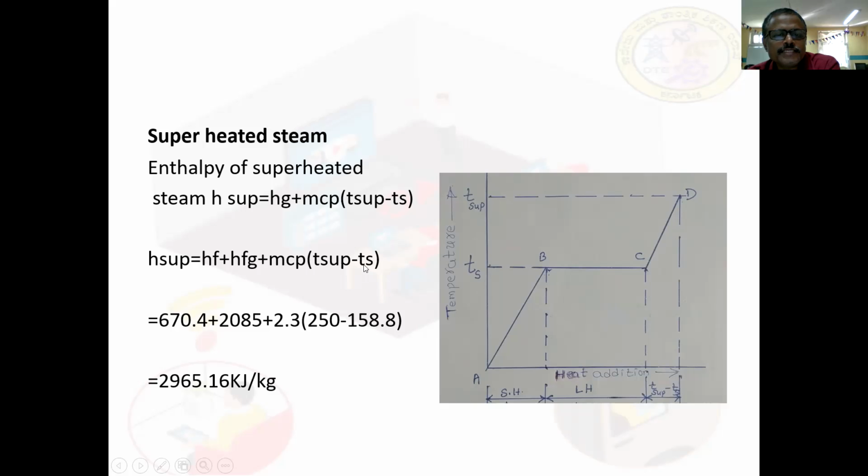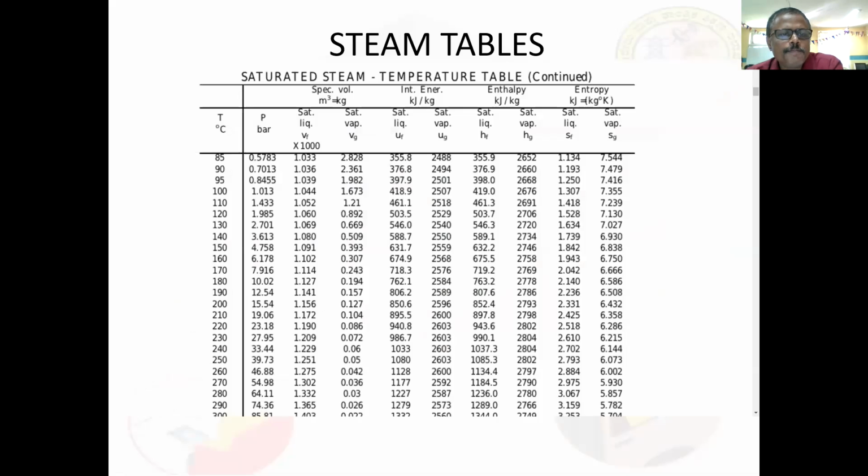And what is this Ts? Ts is saturation temperature, 158.8 it is coming. How is it coming? You have to refer to this steam table. What is the pressure? For 6 bar, if you go through your steam table, for 6 bar, it is 158.8.